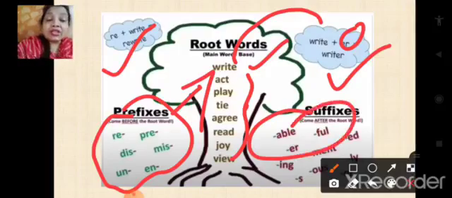You can actually make your own prefixes and suffixes from these given words, and always make sure that this tree is in your mind, so that you remember what you mean by prefix and what you mean by suffix. And this is the trick on how to understand the differences between prefixes and suffixes, right?